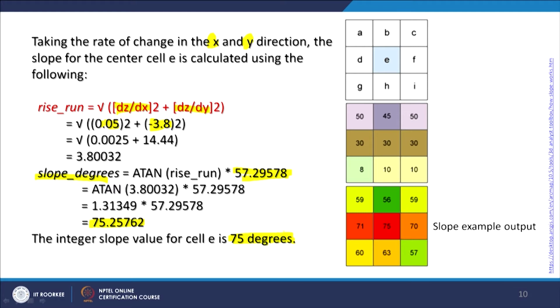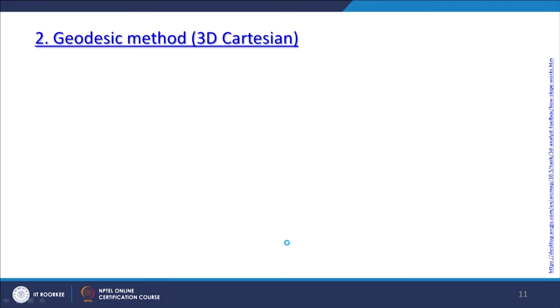So, 75 degrees. We started with this center cell E, and the center cell value initially was 30 degrees in the input digital elevation model, but through this neighborhood analysis for planar x y direction slope calculation, ultimately we get for the center cell value a slope of 75 degrees. So it is basically a neighborhood analysis.